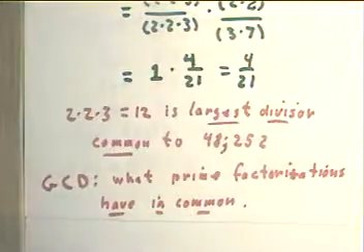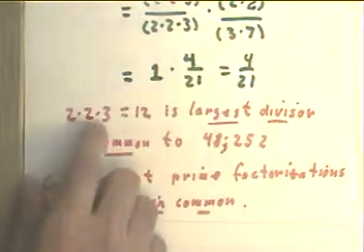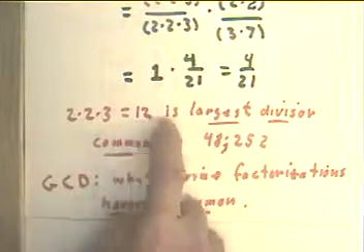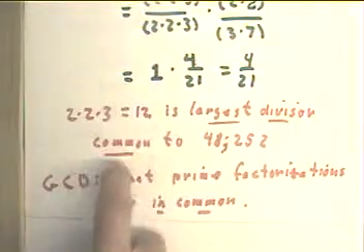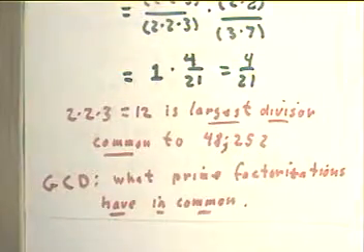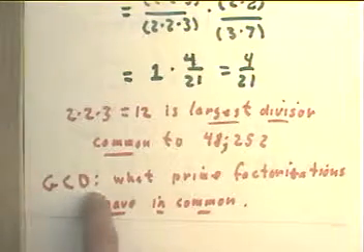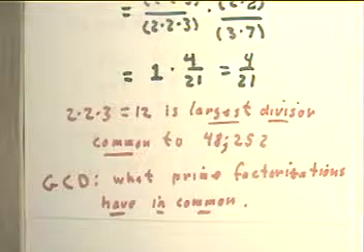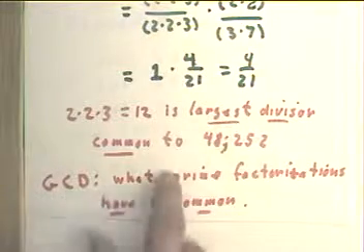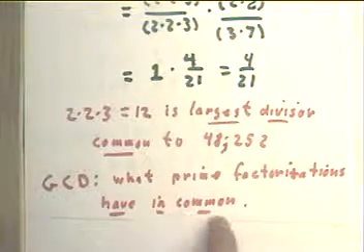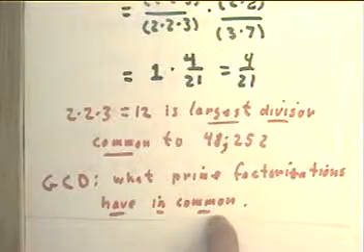Now, the thing that we factored out, the 2 times 2 times 3, which is 12, is the largest divisor common to 48 and 252. We call that the greatest common divisor. And the greatest common divisor is what factorizations have in common. Okay?